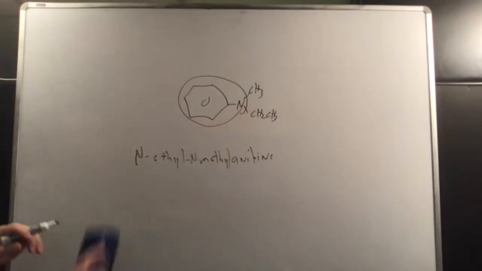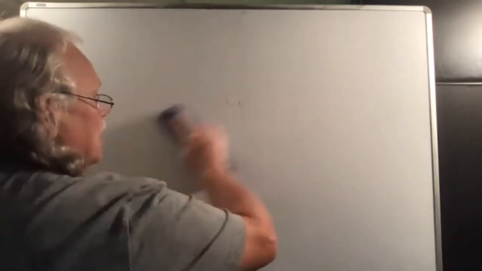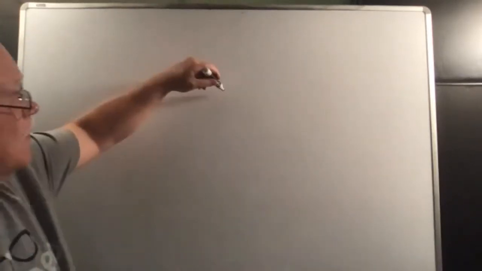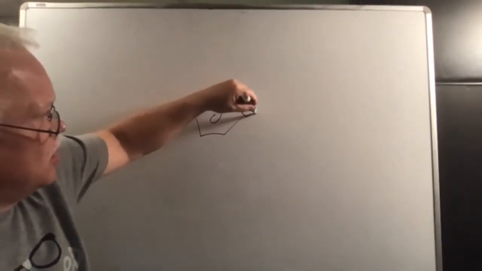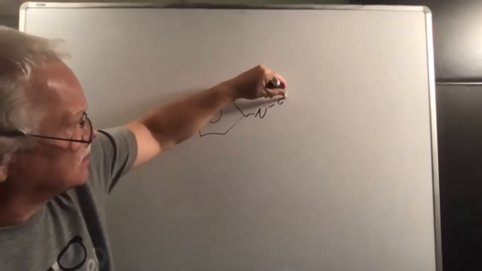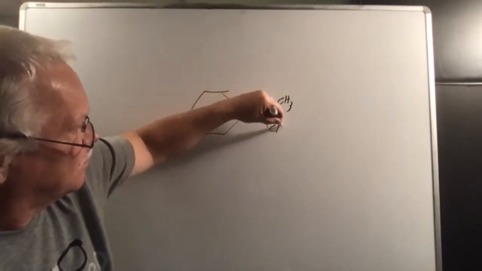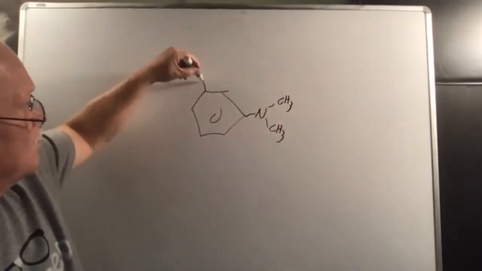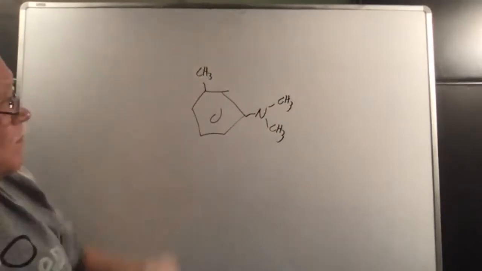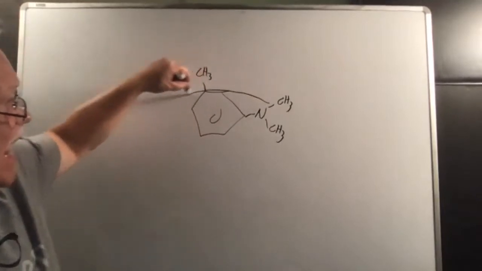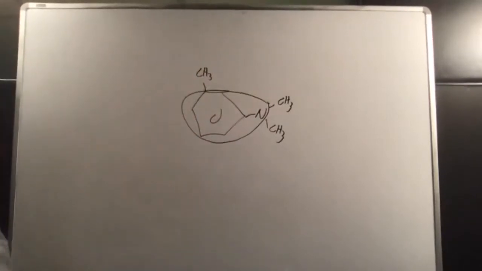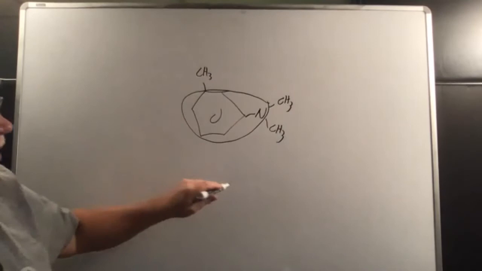Now let me give one other example here that's not in the notes. This came up in a discussion in one of my classes. Suppose we had this. Notice if we name that as an aniline, there's the aniline piece.